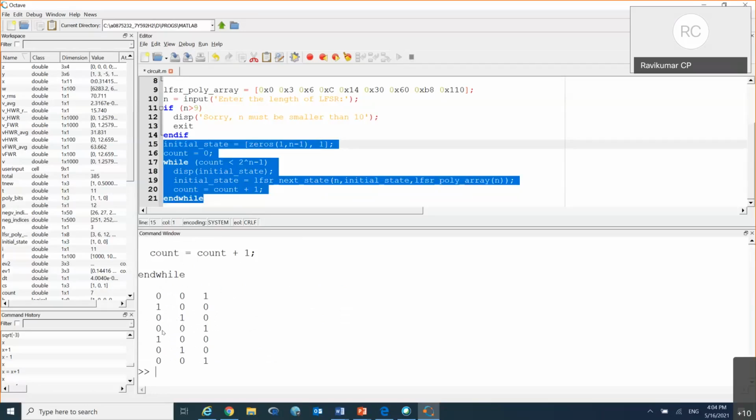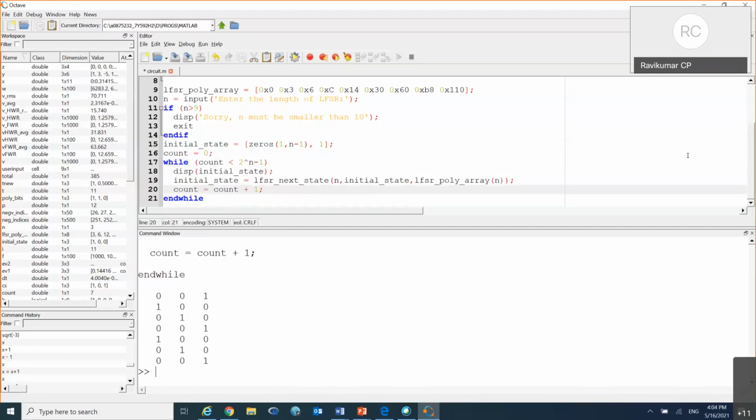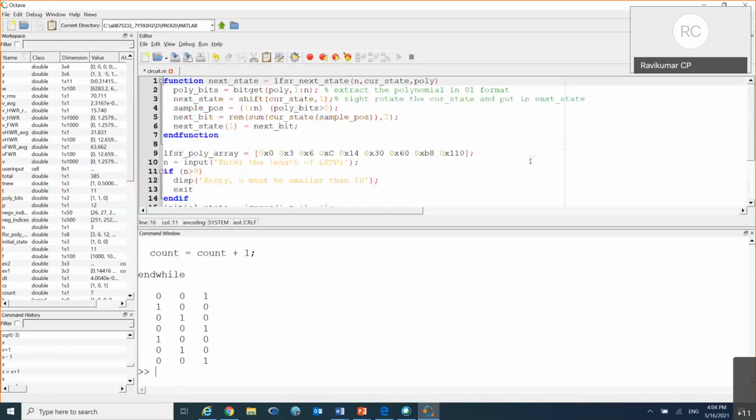It's wrong, no? So 1, 0, I should have got a 1 here. I think there is something. What is wrong? My function next state fails for 0, 1, 0.